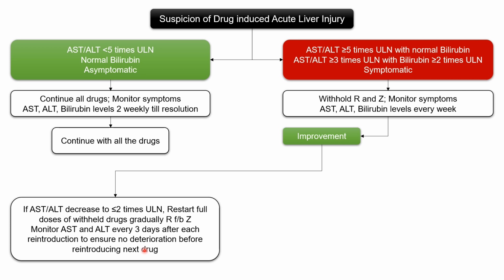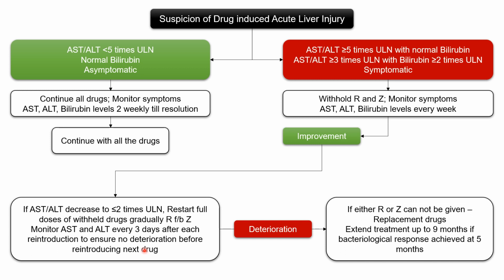But suppose the patient doesn't show any signs of improvement or deteriorates, then what do we do? We have to think about replacement drugs, like we said, streptomycin, cycloserine, and fluoroquinolones.